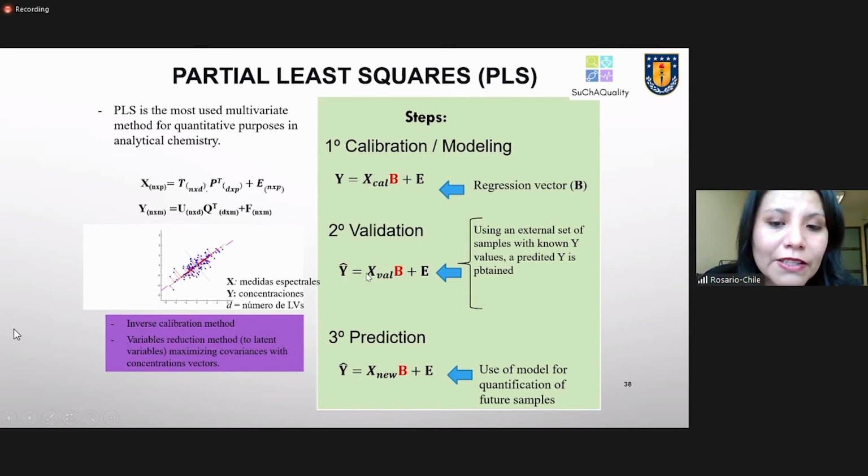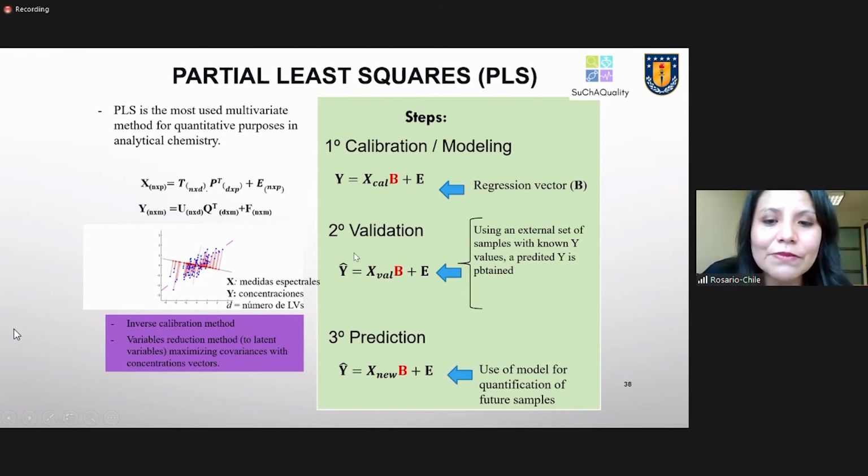We are using the spectra here. We multiply the spectra by this B value and obtain a predicted concentration. We can compare the predicted concentration with the real concentration because we are using a validation set. So I know the real concentration, and this difference will give us the error parameters. There are many calculations of error parameters that I will show you later.